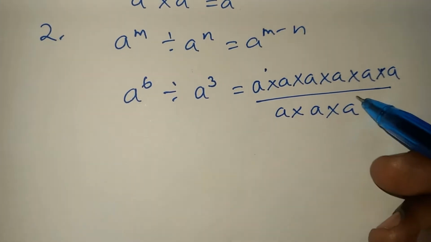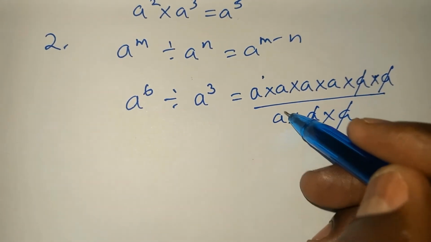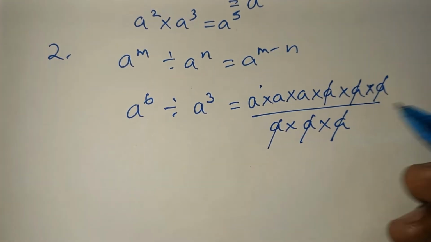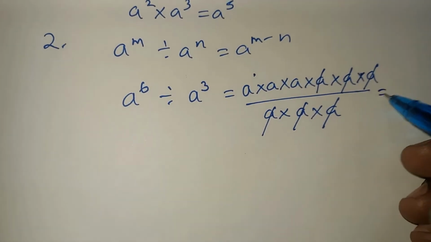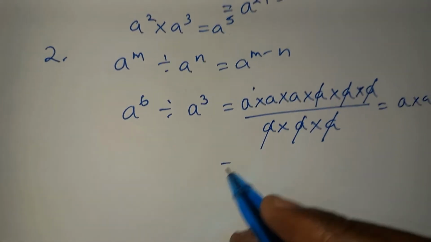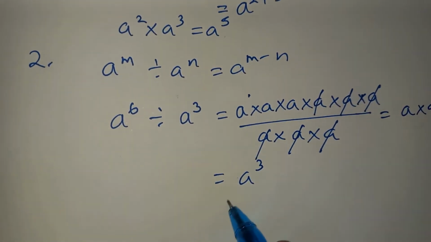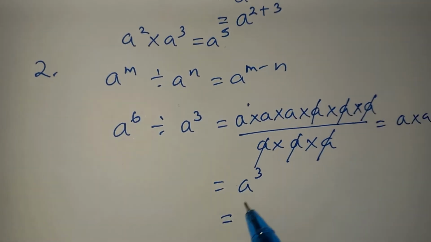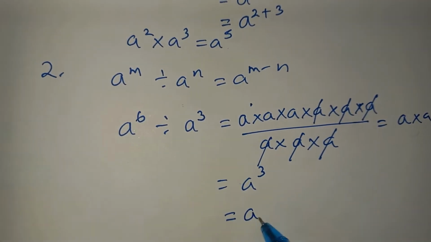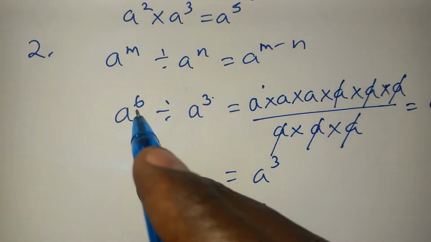So if you divide a by a, you will find that you'll end up with a times a times a, which is actually the same as a cubed. And the a cubed you are left with could as well have been obtained by simply subtracting the powers that we had initially.